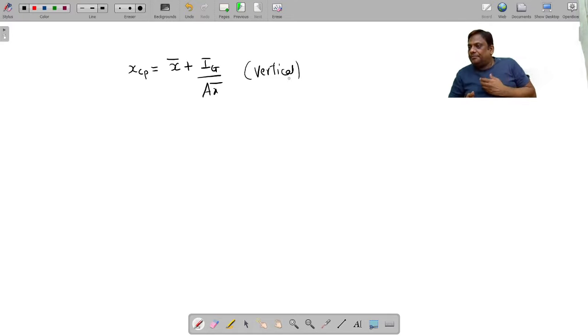But when you are saying IG and X bar are approximately equal, when pressure is same and all. See, I'm not talking about horizontal. If it is horizontal, it will be same. Large area. Oh my God. Large area. Srinath, large area.